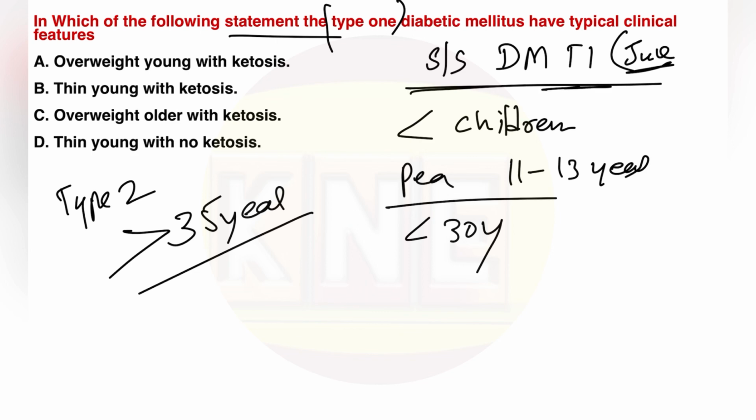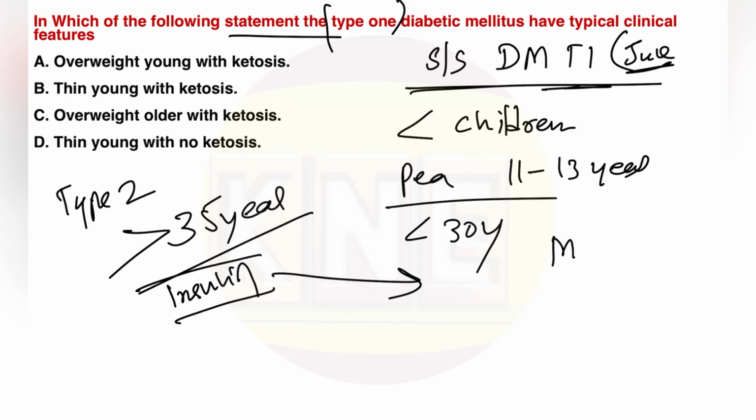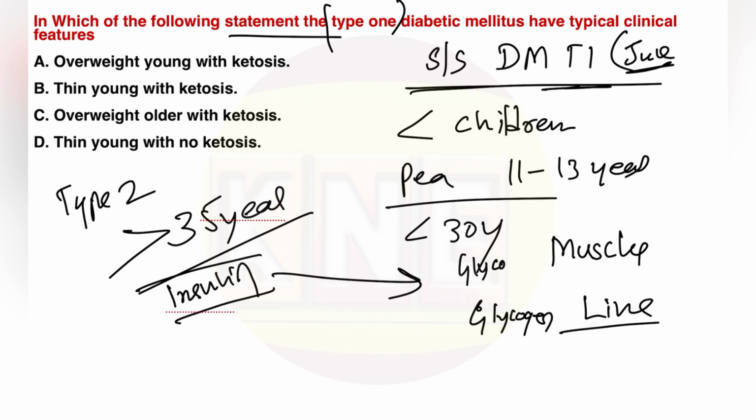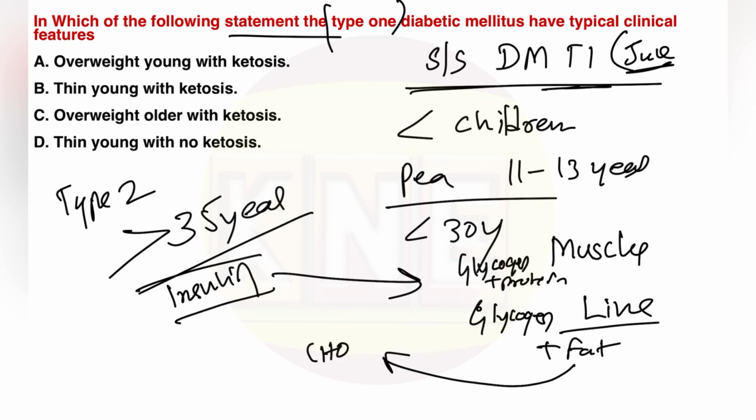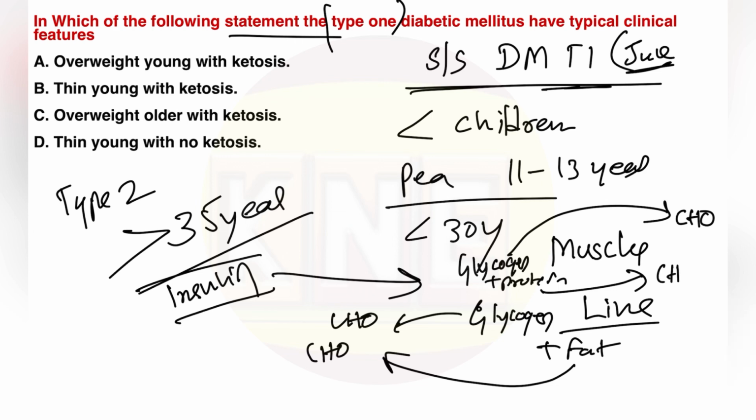In type 1 diabetes mellitus, there is no presence of insulin. Then in the muscles and the liver, glycogen is there, and in the muscle there is also protein plus fat. Fat is converted to carbohydrate, glycogen is converted to simple carbohydrates, and protein is also converted to simple carbohydrates.